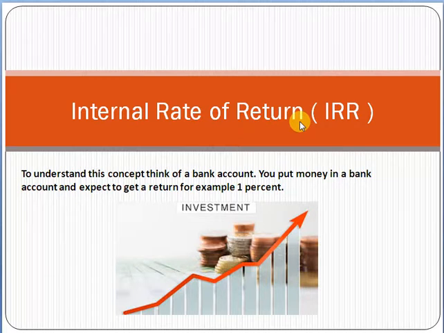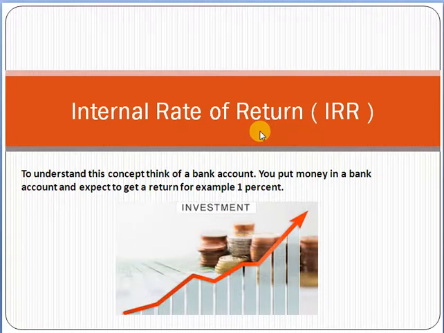So friends, what is internal rate of return? Just try to understand the concept: think of a bank account where you put money and expect to get a return, for example 1%. This is just a very simple example. Remember the internal rate of return is the rate of return on investment.